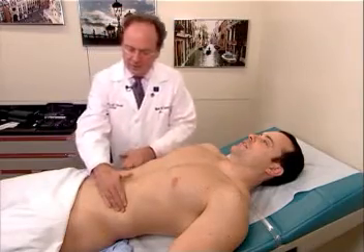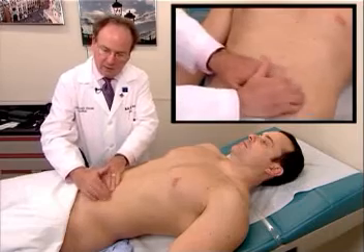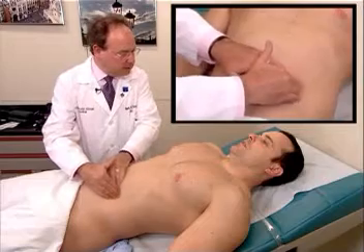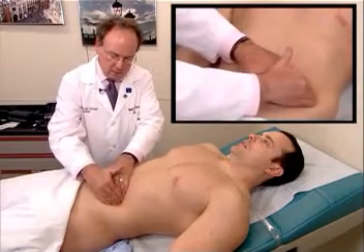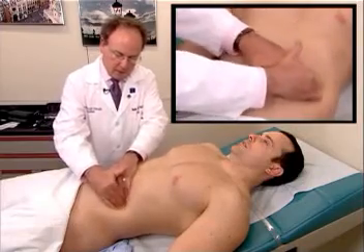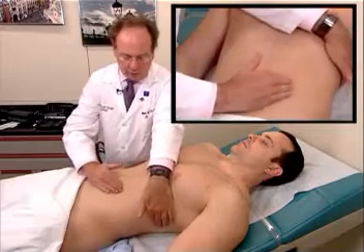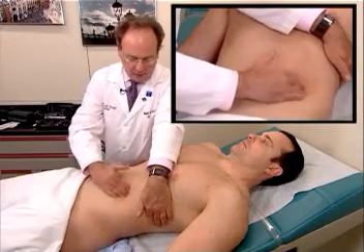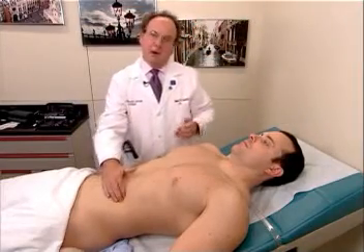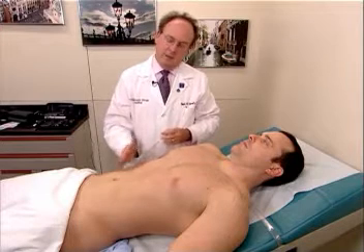We can go on to evaluation of the spleen, and again we start low in the abdomen, starting here and moving up, and take a big breath, and out, again, and out, again, and out. We might place our hand over the left costal margin to support it and to palpate the spleen in this fashion. Normally the spleen is not palpable, whereas the lower edge of the liver may very well be palpable in many individuals.